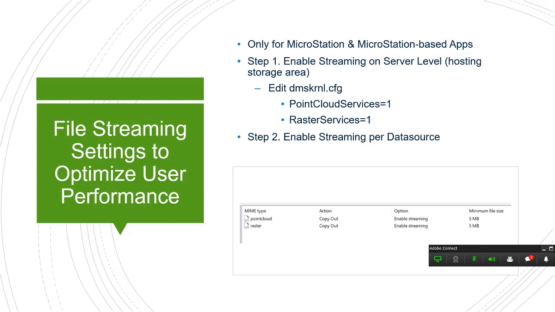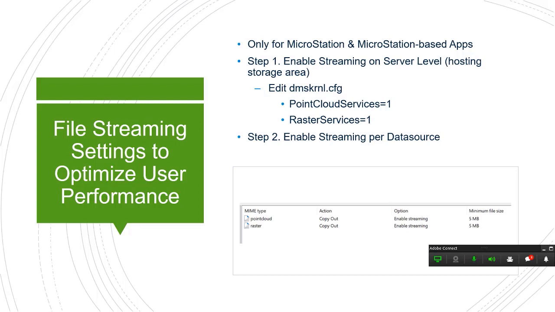So how file streaming works is whenever you're dealing with a point cloud or high density raster images, you're dealing with humongous files. We're talking about gigabytes of data. Instead of downloading the whole file, with the file streaming option turned on, you only download the portion to fit the MicroStation view.